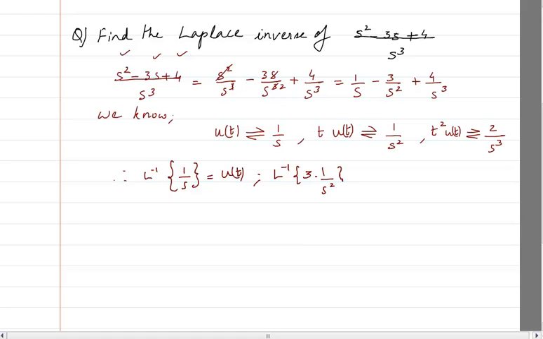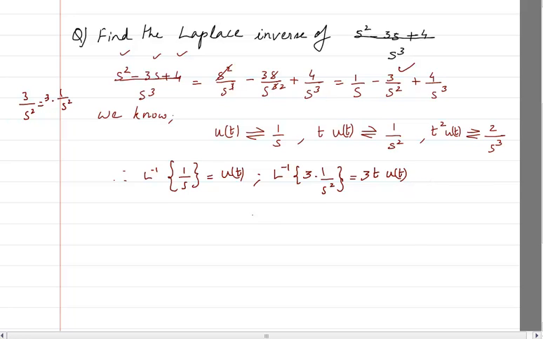Now why have I written 3 times separately here? Because here I have 3 by s square, correct? 3 by s square can be written as 3 multiplying 1 by s square. 3 is a constant, so 3 will come outside. 1 by s square can be written as t u of t.